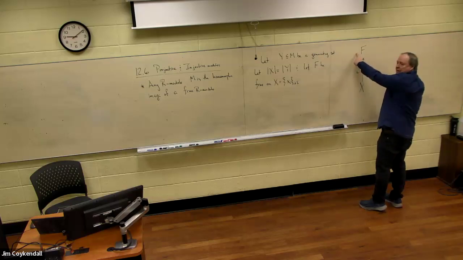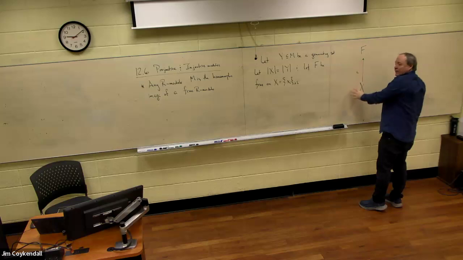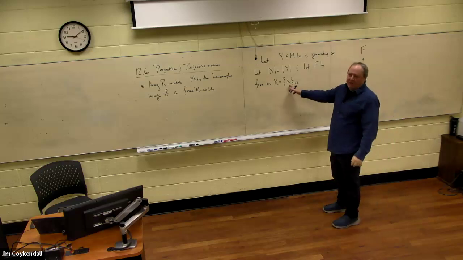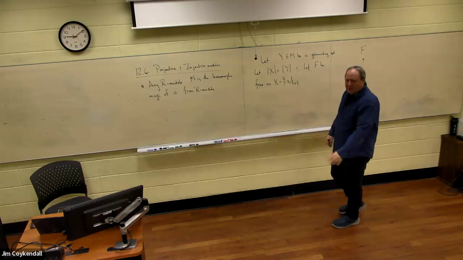Include X into our basis of F because I'll let F be free on this. I just treat this as an abstract set. An element of the free module is all possible finite sums of these. These are linearly independent because I put no relations on. Everybody okay with that?